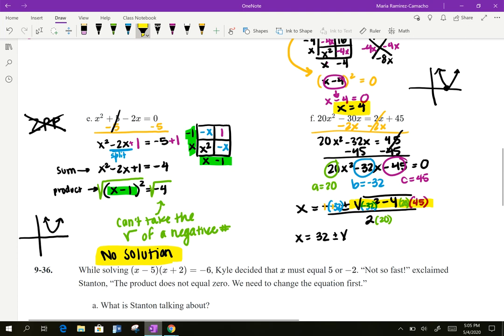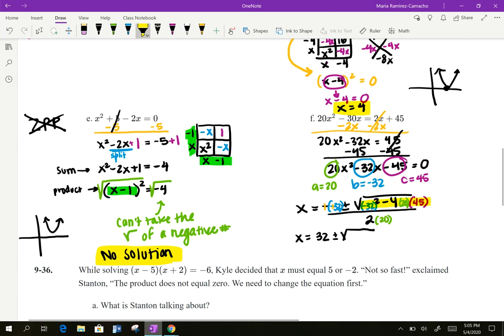Okay. Let's see why there is an error. Let's just calculate what goes underneath. So let me just put this in the calculator. So I'm putting negative 32 squared minus 4 times 20 times 45.